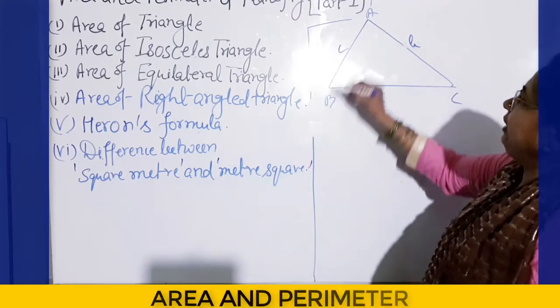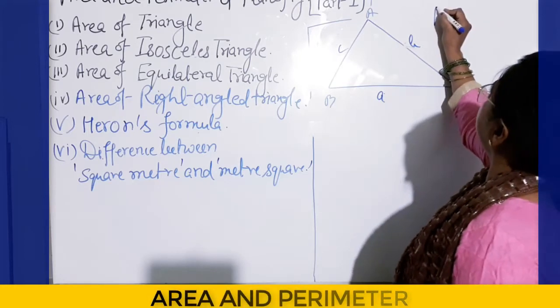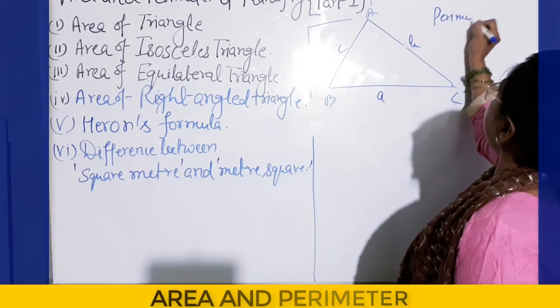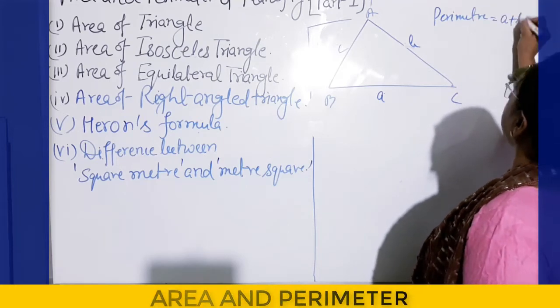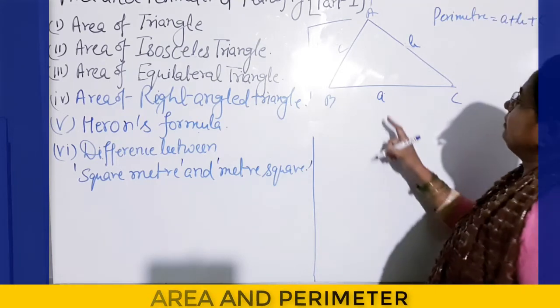Suppose all sides are like this. Then the perimeter of this triangle is equal to a plus b plus c.